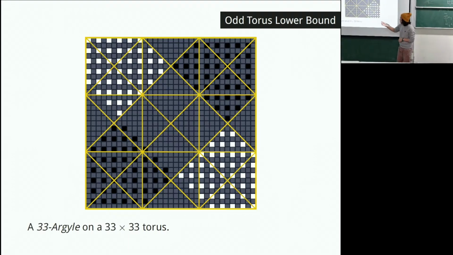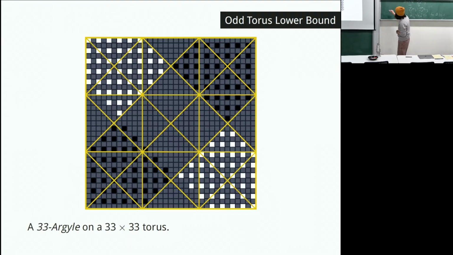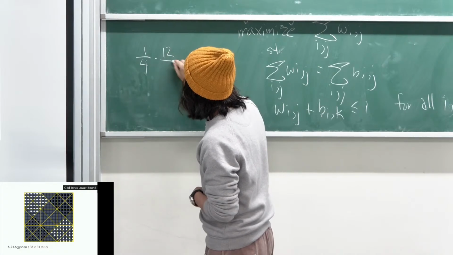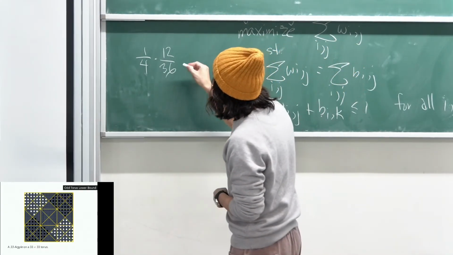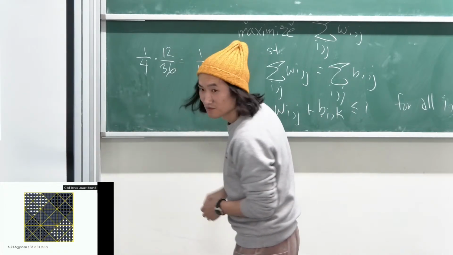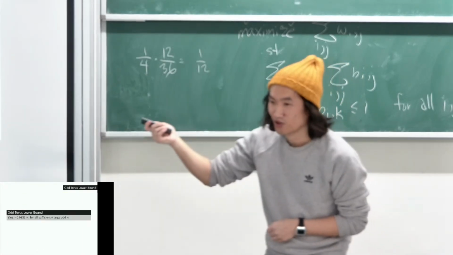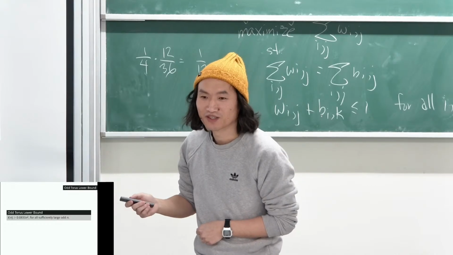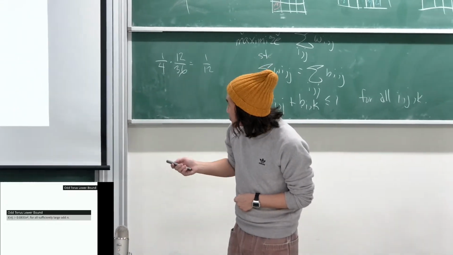And up to an additive error, they cover a quarter of the squares, right? So we get a quarter times 12 over 36. That's the density that's covered, and this is 1/12. Okay, and that's exactly what this number is. 0.0833 is just 1/12, actually, right? So that's the odd torus construction.